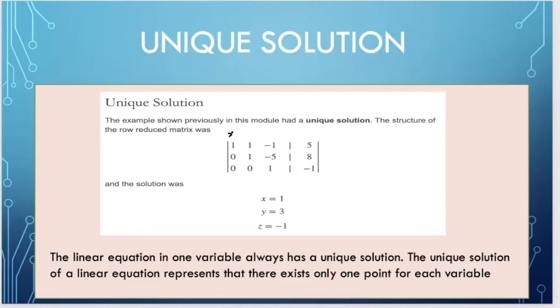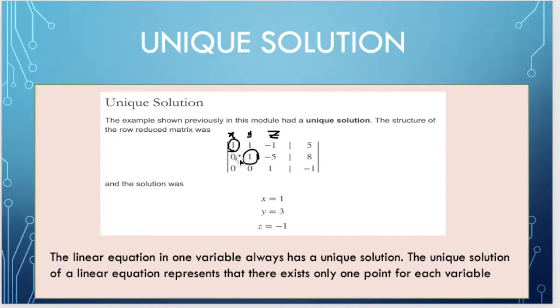y, and z, the first column represents x, the next represents y, and the third represents z. This is the first leading value, and this will represent us finding x. This is the second leading value, and it's actually the first leading value in the second row.